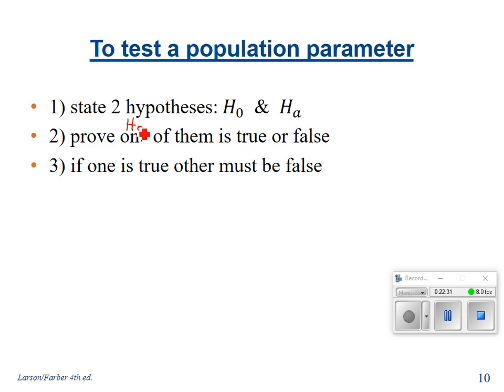We decide according to the null: is the null true or is it false? Is that null hypothesis correct or incorrect? If one of them is true, then the other one has to be false. If one of them is false, then the other one has to be true.